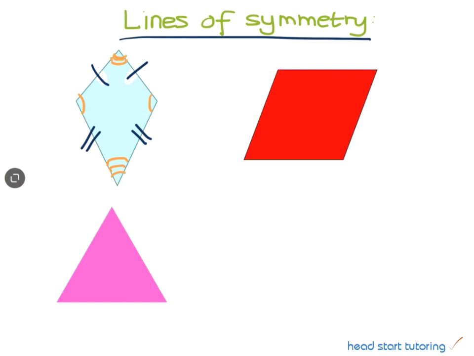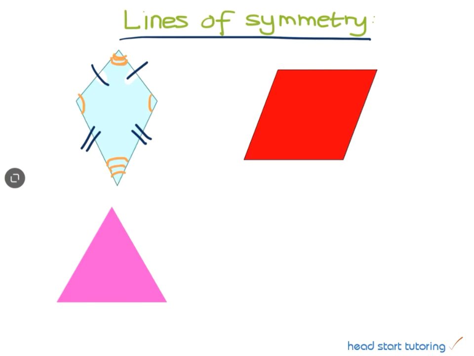We've put 2 curved lines on the one angle that isn't equal to any of the other angles, and 3 curved lines on the other angle to indicate that that angle is also different to all the other angles. Right, so that helps us and we have got no parallel lines or parallel sides in our kite.